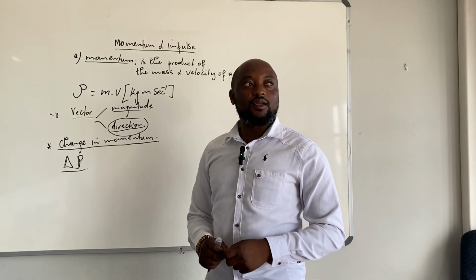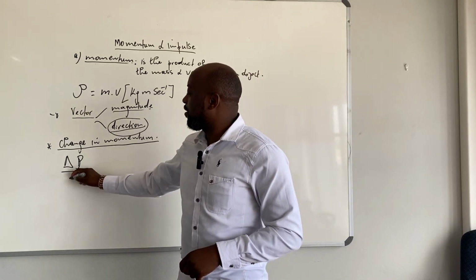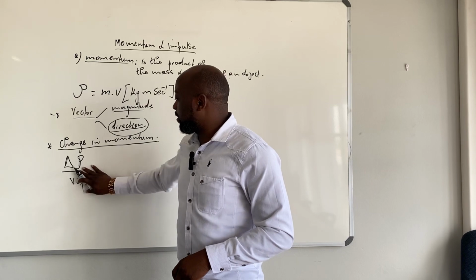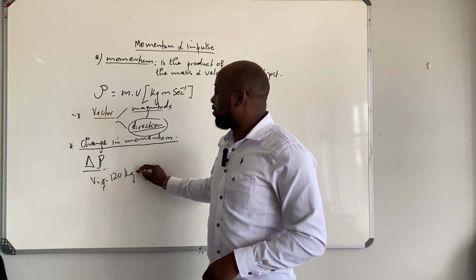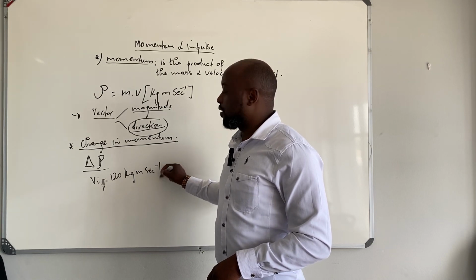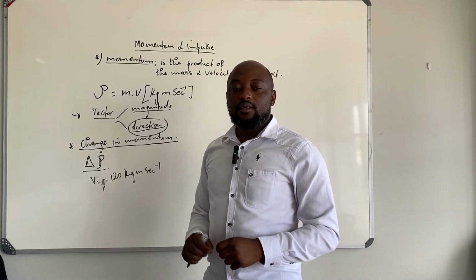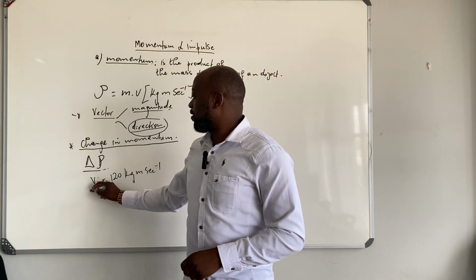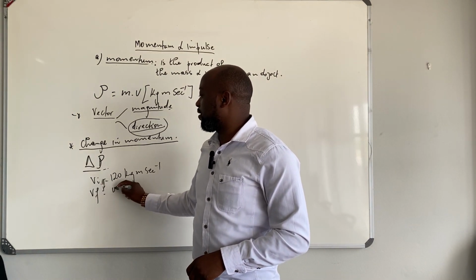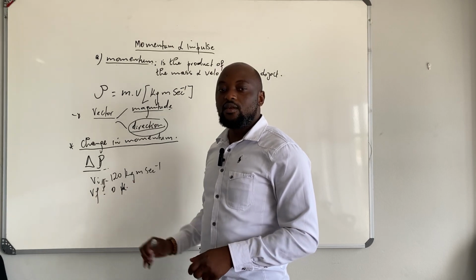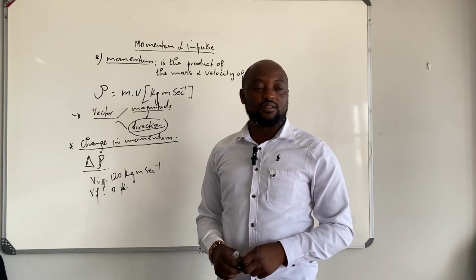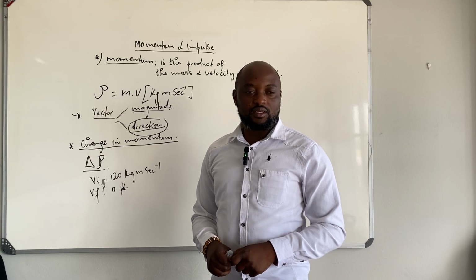Like in the case of the car, the initial velocity in that example would be 120 kilometers per second. By the time it reaches the robot, surely it has to come to a standstill, and the velocity there would be 0 meters per second.